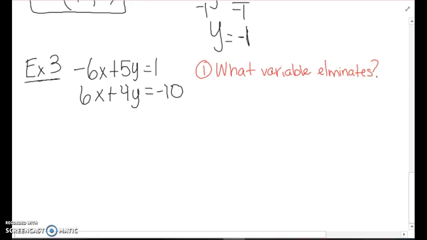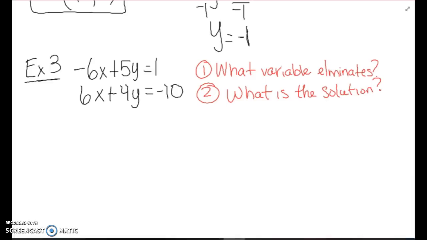What variable eliminates, and what is the solution? I will be looking for this in your notebook tomorrow. So make sure you get example number 3 done so we can go over it later on. And there is another video that you can be watching. Thank you guys. Make sure you got these written down.